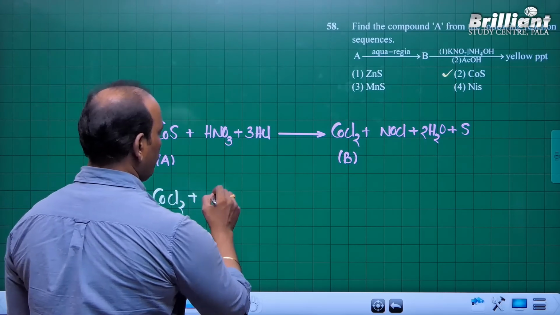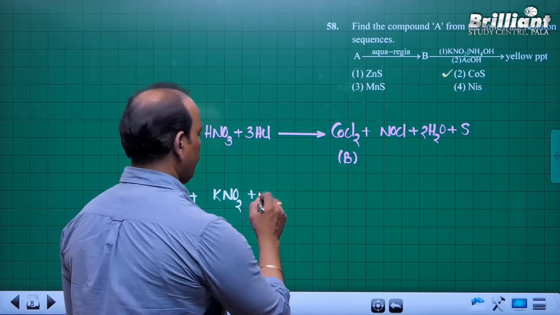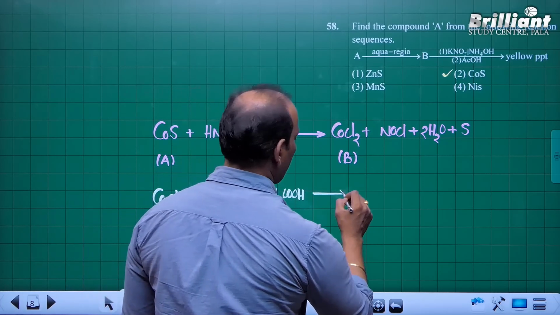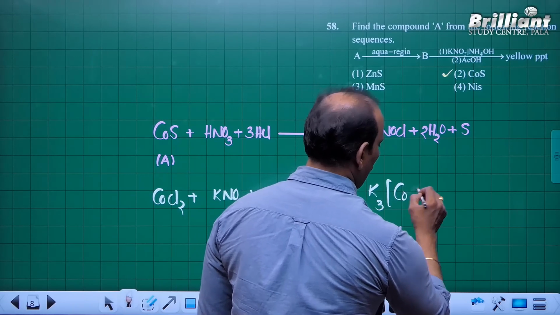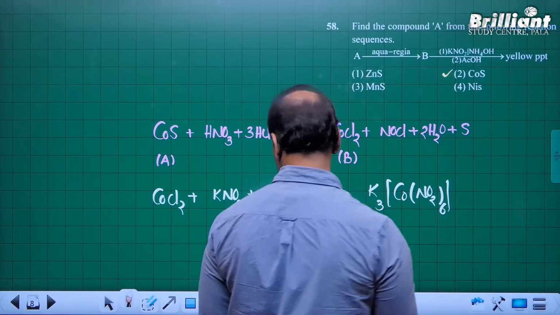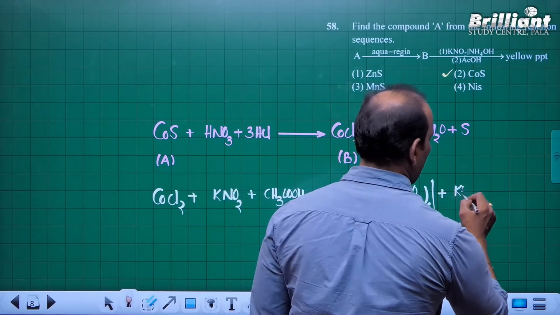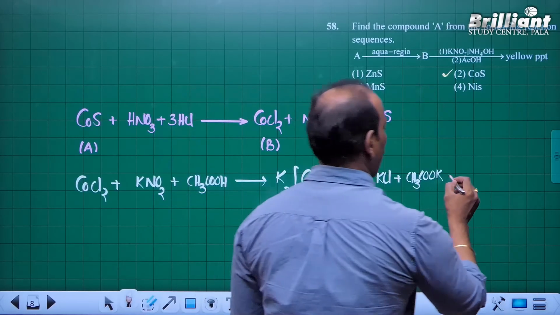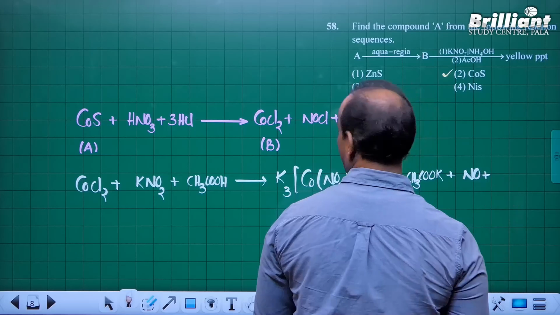Now CoCl2 plus KNO2 plus CH3COOH in the presence of a basic medium gives K3[Co(NO2)6] plus KCl plus CH3COOK plus NO plus H2O.